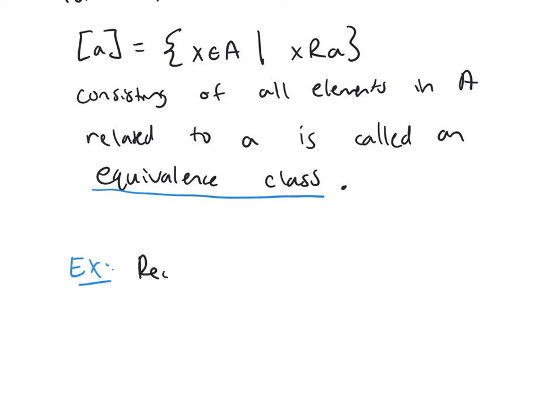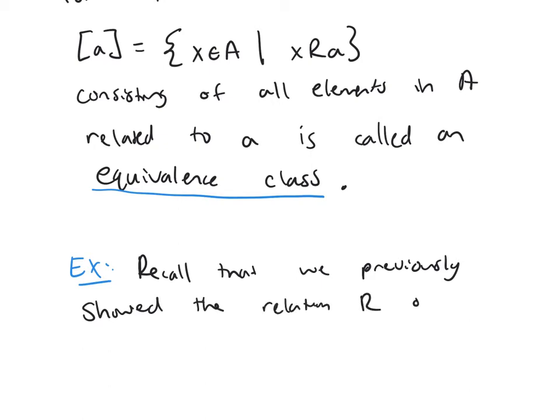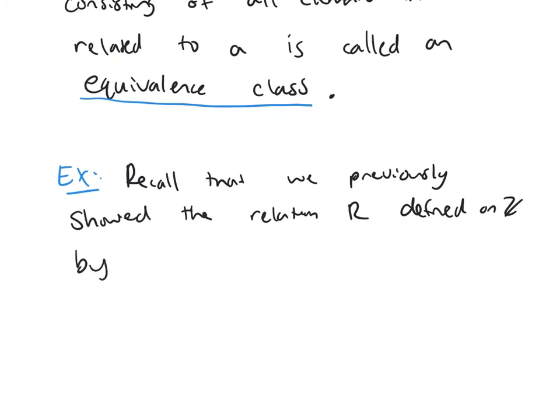Recall that we previously showed the relation R defined on Z by a relates to b if 2 divides a minus b is an equivalence relation.